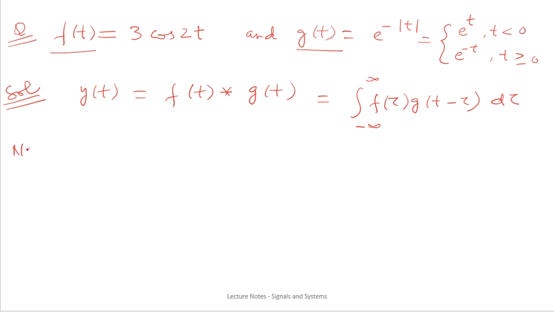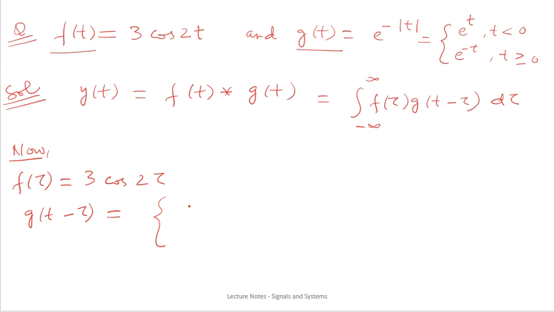Now if you just replace the variable t with tau, f(tau) is 3 cos 2 tau, and g(t minus tau) can be obtained from g(t).